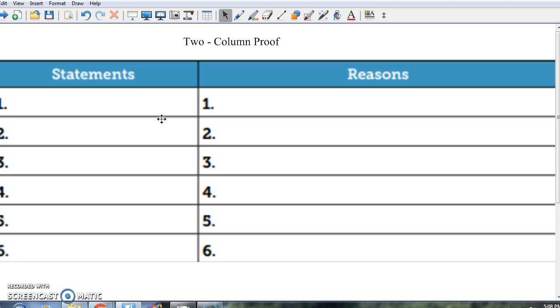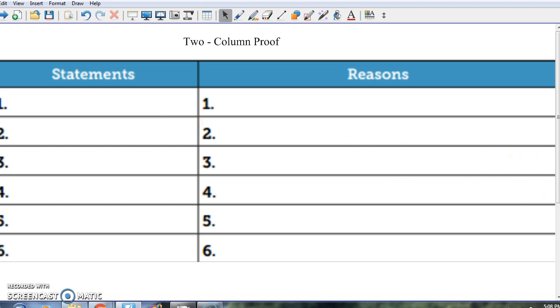Everything from there is based off of that information or the picture provided and what you know about the diagram that you're dealing with. The last statement will always be what you're trying to prove. The reasons will always vary because it depends on how you're approaching the problem, but the last statement will always be word for word what they tell you to prove.